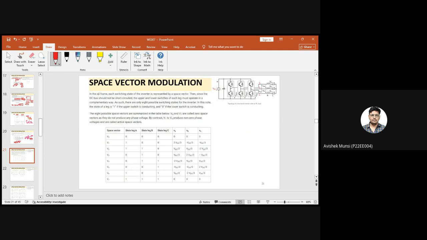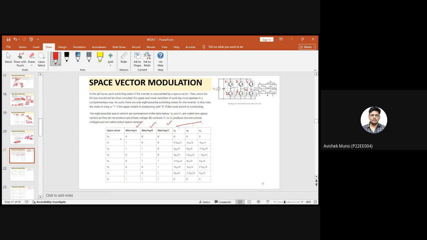Since we have switches like 1, 3, 5, 2, 6, 4 in this manner, right? So this is the state of leg A, leg B and leg C. These are the combinations, after which we'll get the output voltage as VA, VB, VC, like this. So after transforming it, we'll get this type of equation.